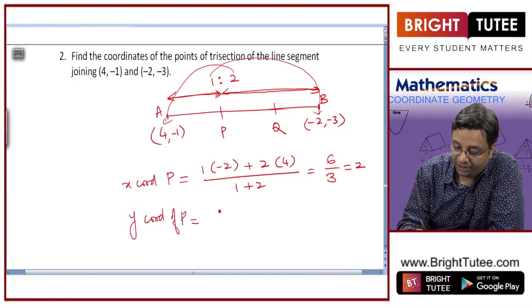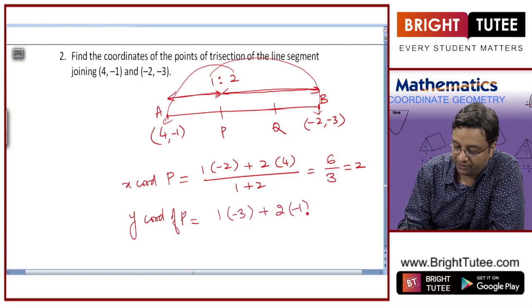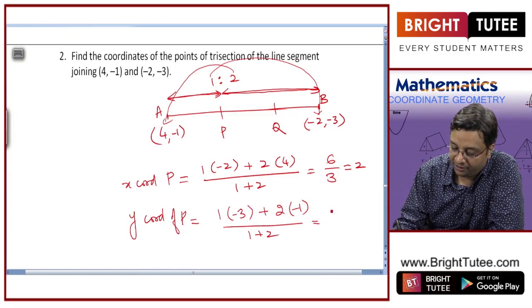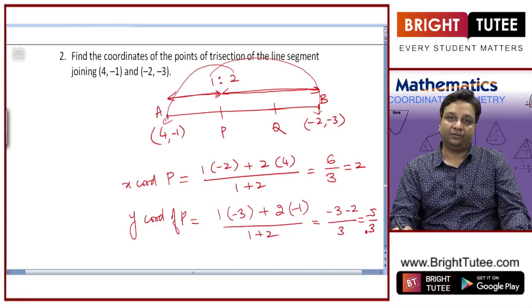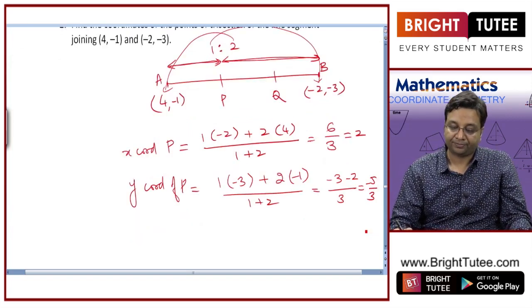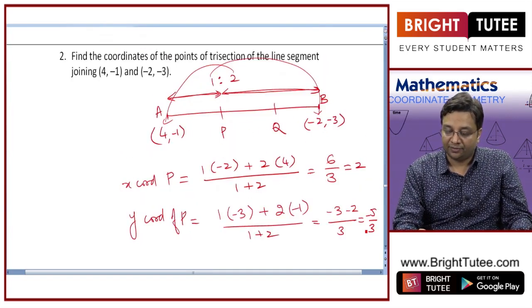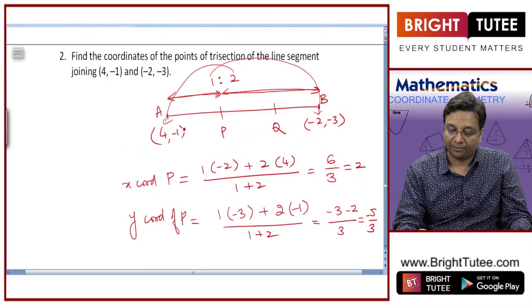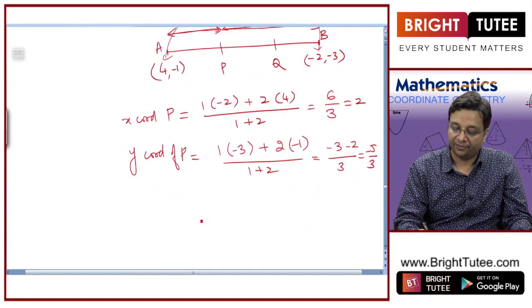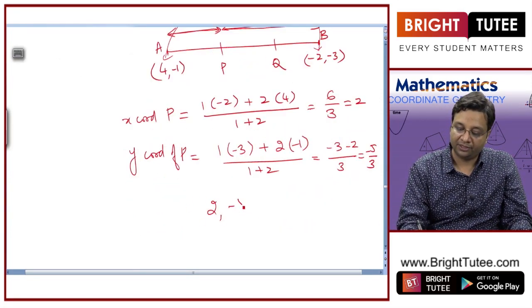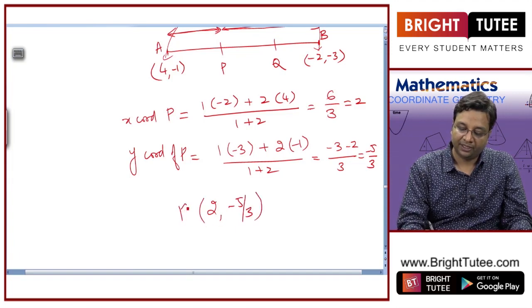Y coordinate will be 1 into -3 plus 2 into -1 divided by 1 plus 2. So it will be equal to -3 minus 2 divided by 3. So -5 by 3, right? So we have got the coordinates of P here, which are (2, -5/3), right?